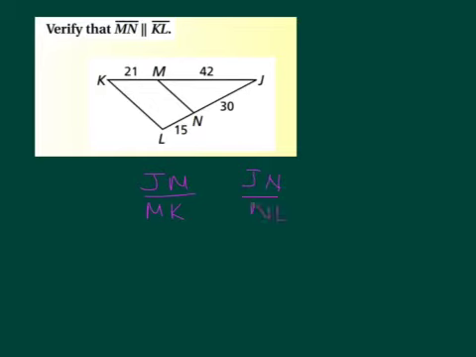Let's go ahead and plug values in. So JM is 42, and MK is 21. Then JN is 30, and NL is 15. So both those ratios reduce down to 2, which is obviously equal to itself, and we know now that the two segments are parallel to each other.